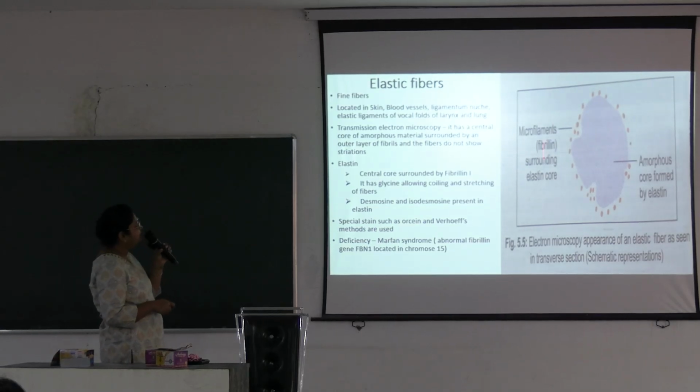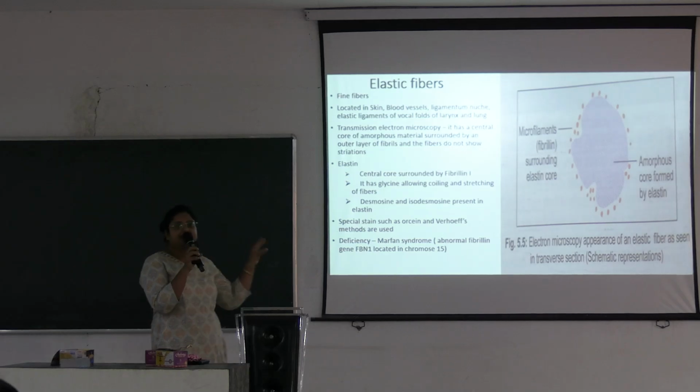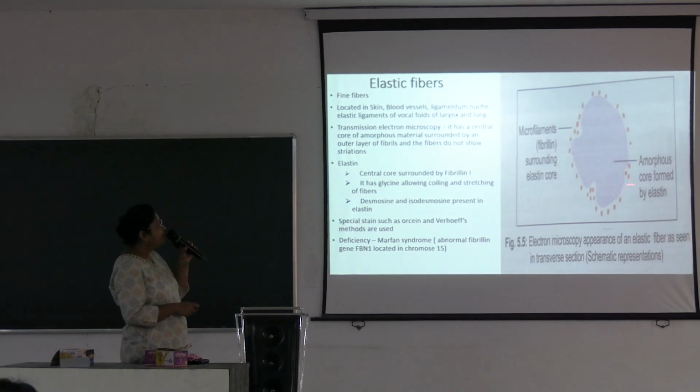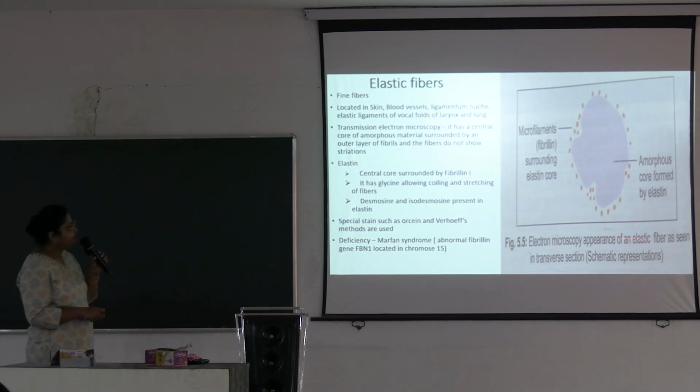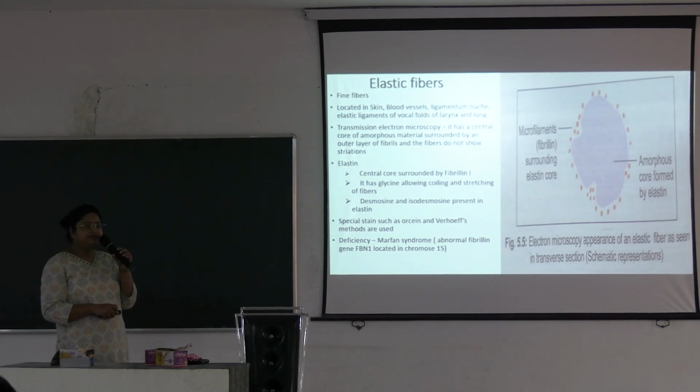Elastic fibers. This is the schematic presentation of the elastic fiber. There is an amorphous core formed by elastin and surrounded by microfilaments, known as fibrillin, surrounding the elastin core. This is the electron microscopic appearance of the elastic fiber as seen in transverse section.